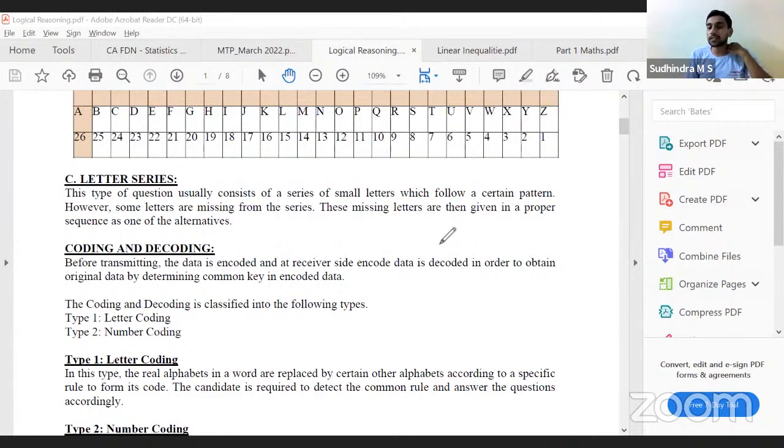So coding and decoding is pretty simple. It would be simple when compared to number patterns. Identifying number patterns could be a little difficult, a little tricky, but coding and decoding would be simple. Again, coding and decoding can happen as letter coding and number coding. In number coding also, they will have numbers. For numbers, they would have had an alphabetical coding, which we have to identify.